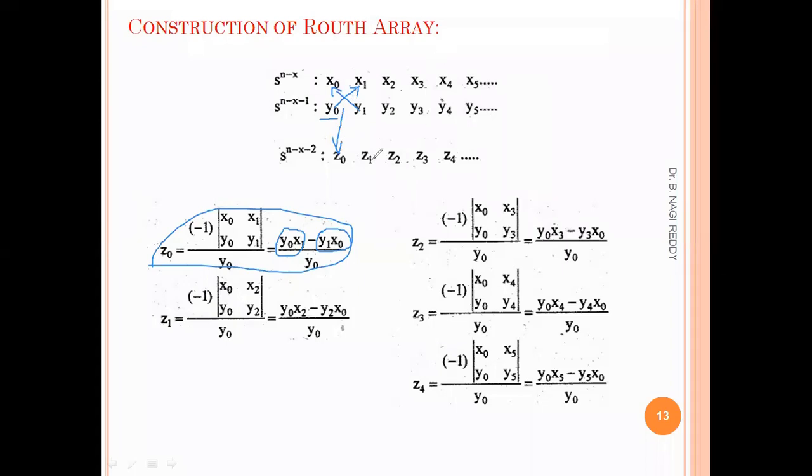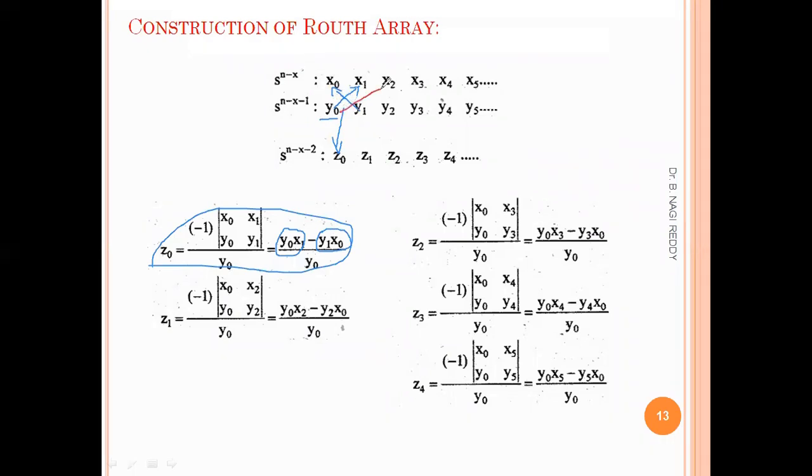Then how can we calculate Z1? Again, we have very much importance on the first column, because the Routh-Hurwitz criteria completely depends on the first column. So in order to determine Z1 also, we definitely use the first column elements.